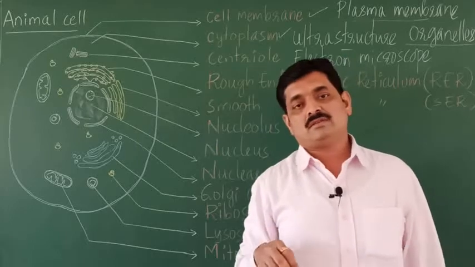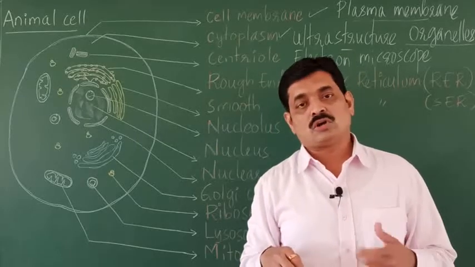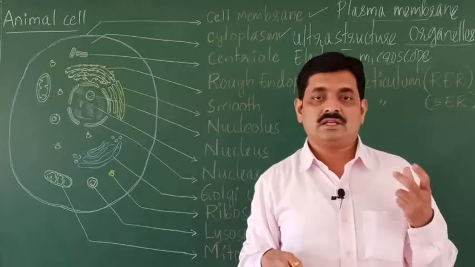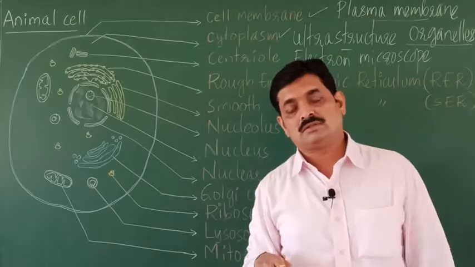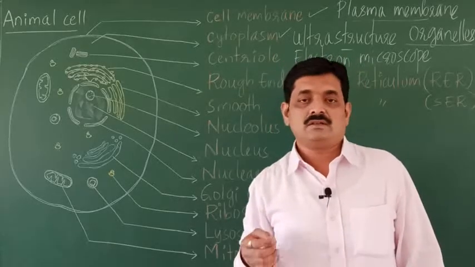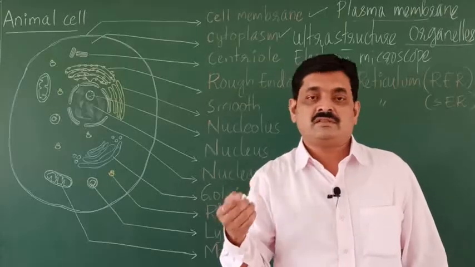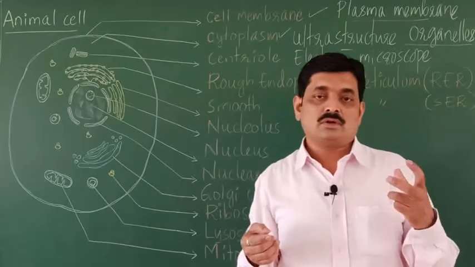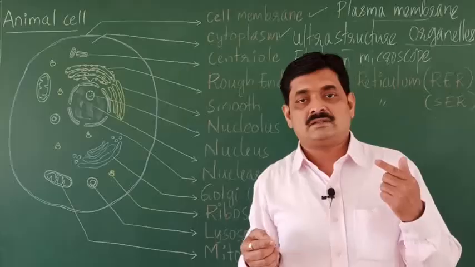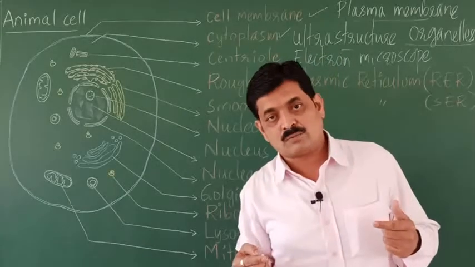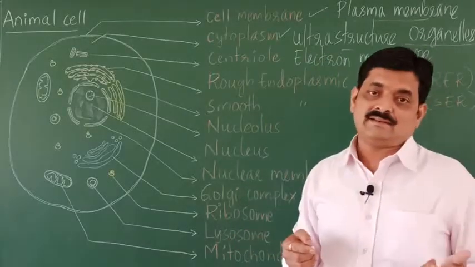Now, what are these organelles? Organelles are the small organs present inside the cell, in the cytoplasm. So organs of the cell that lie in the cytoplasm are called organelles.